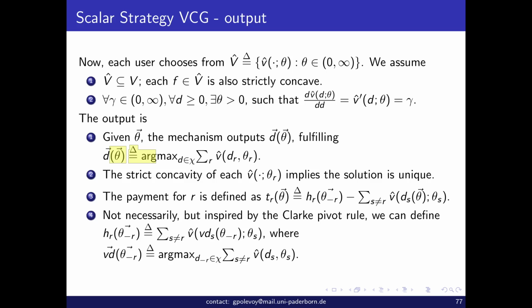again, as in VCG. Here we are free to define it as in VCG, and that's what we do. Some function h of what the other players bid, minus the sum of what the other players derive according to their bids. Bids here are these functions we have.